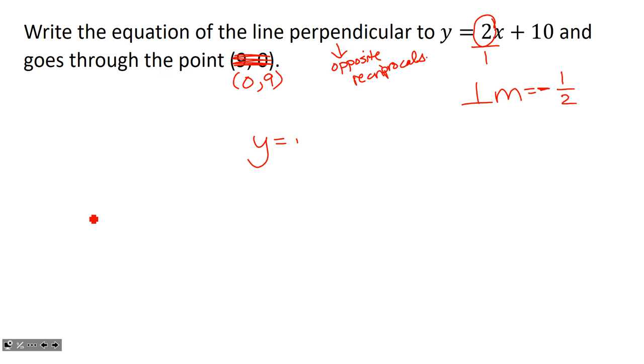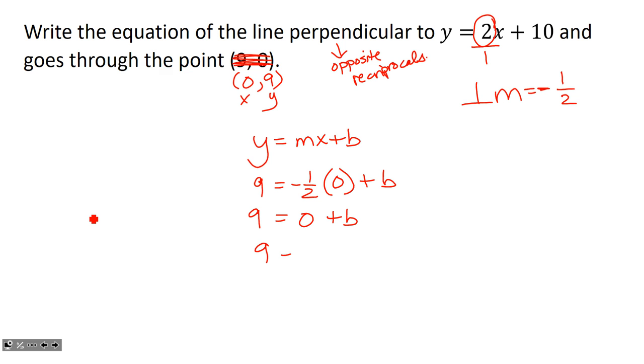And now I can use y equals mx plus b if I wanted to. Here's my x, here's my y. Remember, we changed that to (0, 9). So the y value is 9. The m is negative 1/2. The x is 0, plus b. Solve for b. 0 times negative a half is just 0, and so 0 plus b is just b.